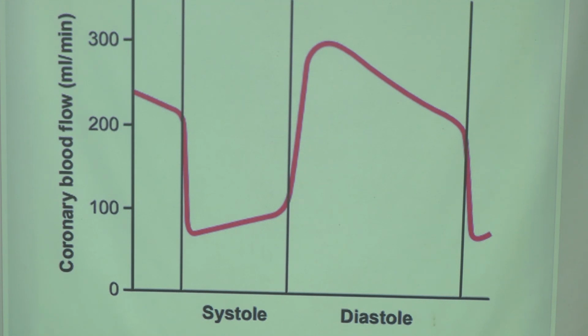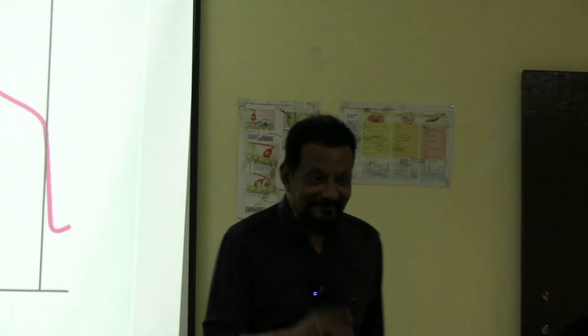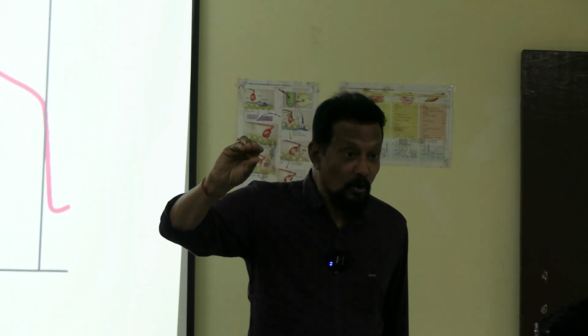This question may also come: autoregulation, phasic flow. Explain the phasic flow during systole and diastole in ventricular muscle. This is particularly observed in the left ventricle. In the right ventricle, it is not like that, because the left ventricle wall is thick and compression will be more here.